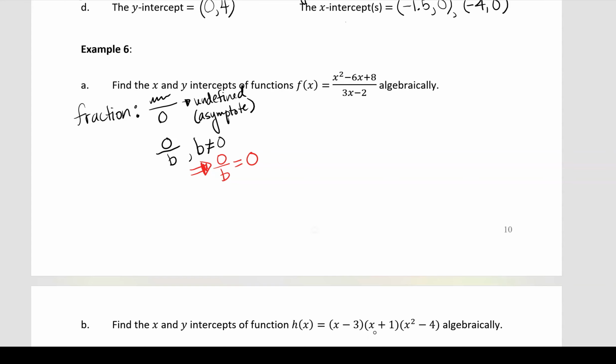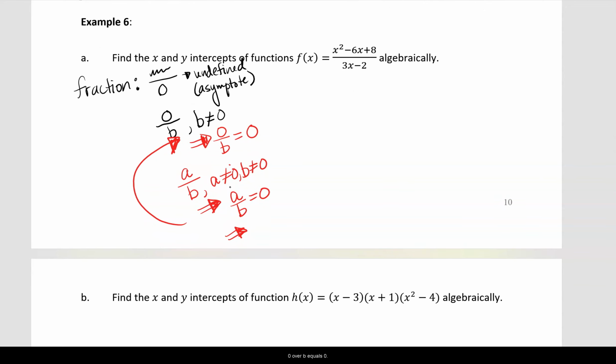And then finally, if you have a fraction written in the form of a over b, where a does not equal 0 and b does not equal 0, and we say that a over b is equal to 0, what that means, from this rule right here, since 0 over b equals 0, and a over b equals 0, is that a must equal 0.